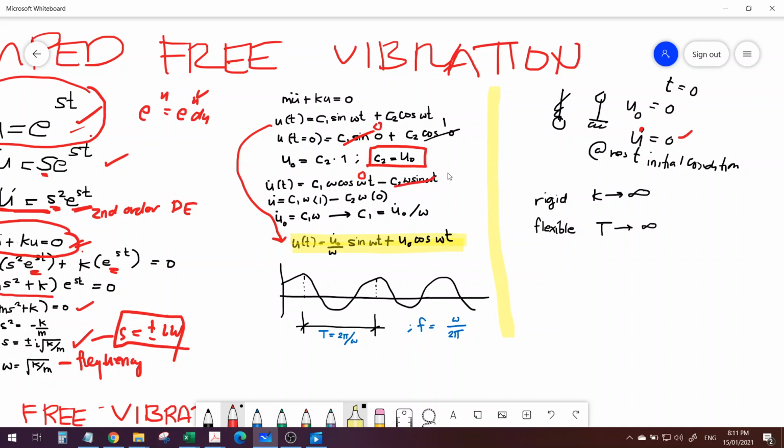So C1 times omega times 1, minus C2 times omega times 0, and this is crossed out because that is 0. So u dot is equal to C1 omega.